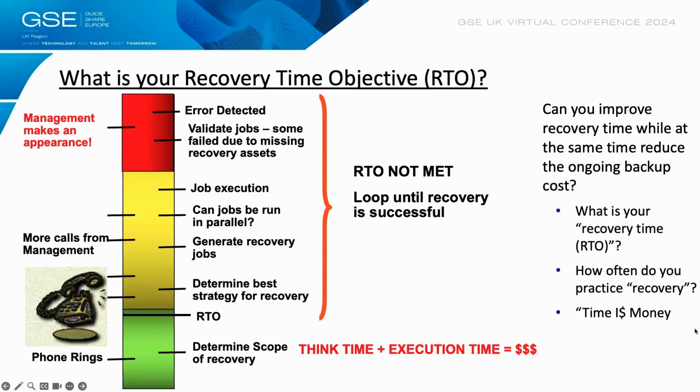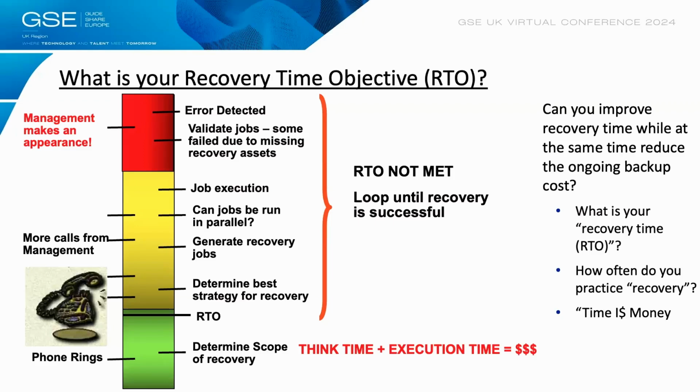So the steps you need to work out. You've got to determine the scope of the objects. You've got to determine the strategy. You've got to generate the jobs. What's the best way to run the jobs, etc. And then, as you're going up this list into the red area, management turn up.